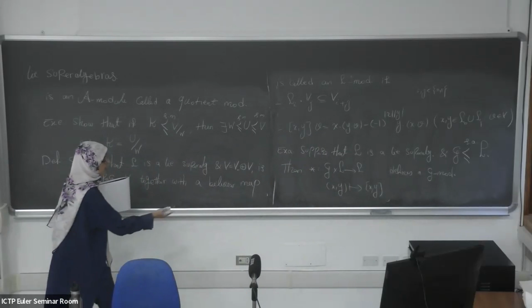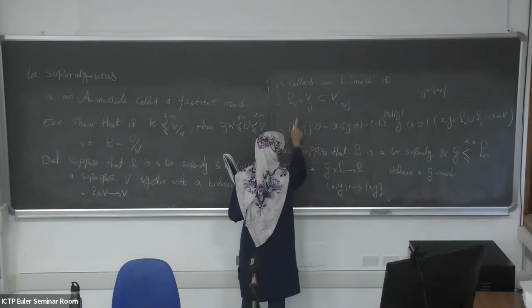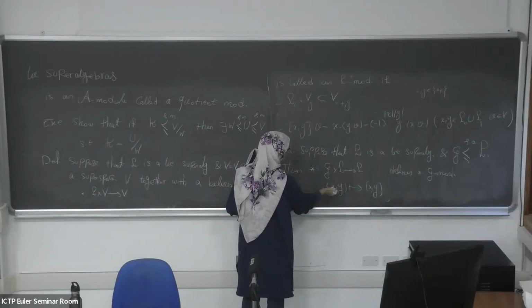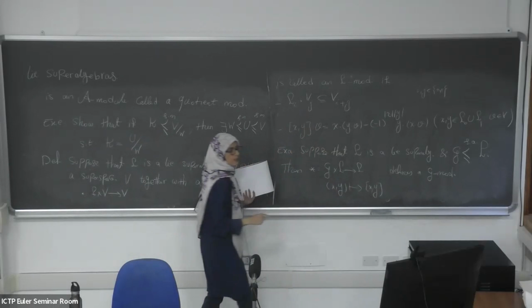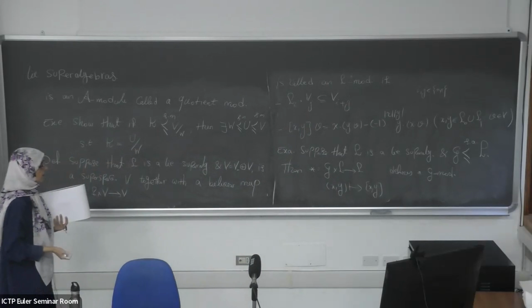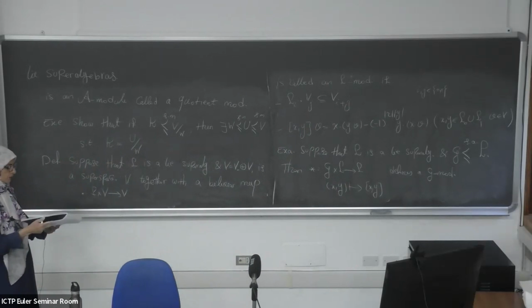It is very easy to see that these conditions are satisfied. The first one is clear because L is a Lie superalgebra and G is just a subalgebra of L, and the second one is just the Jacobi super identity. It is a very easy exercise that you can write down.